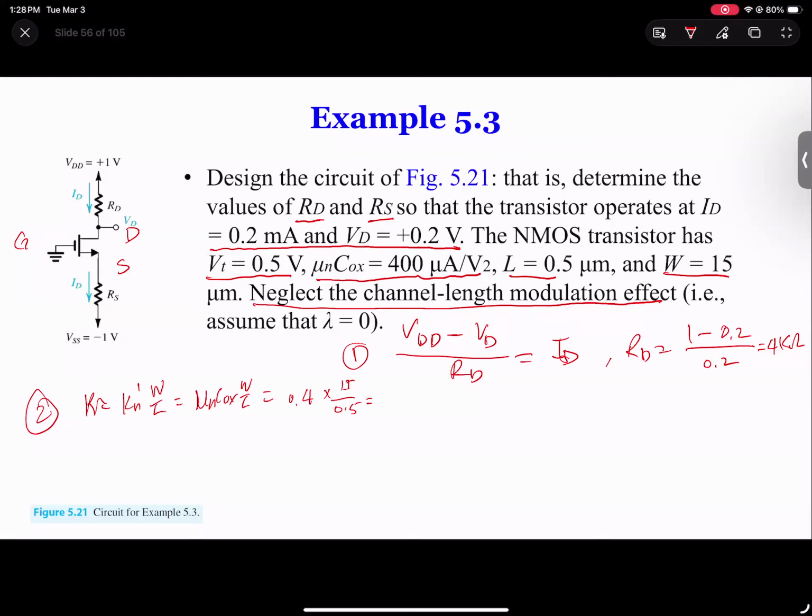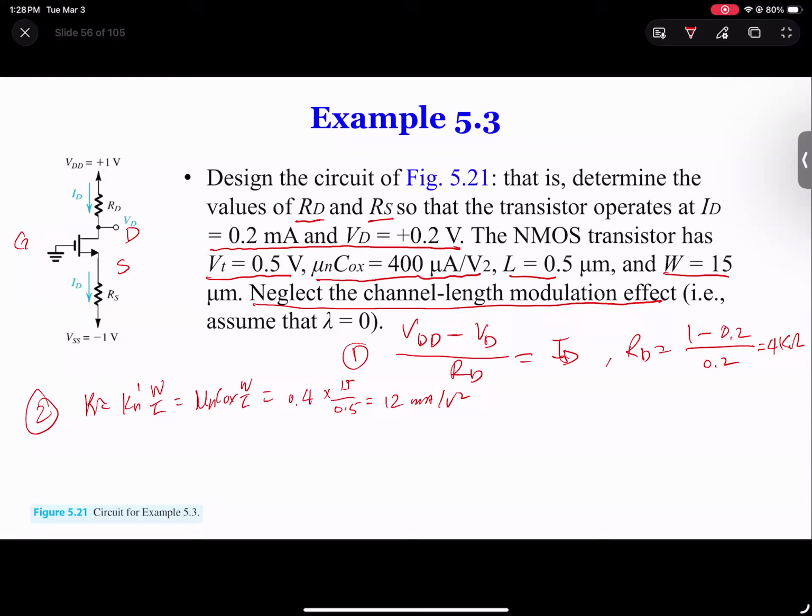That gives you 12 milliamps per volt squared. That gives us K.